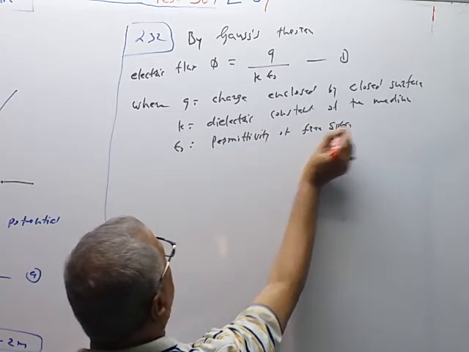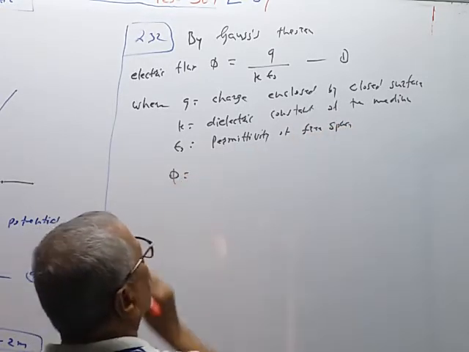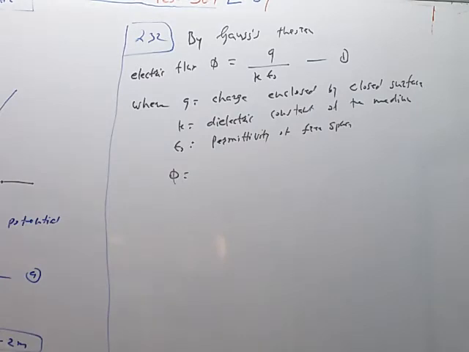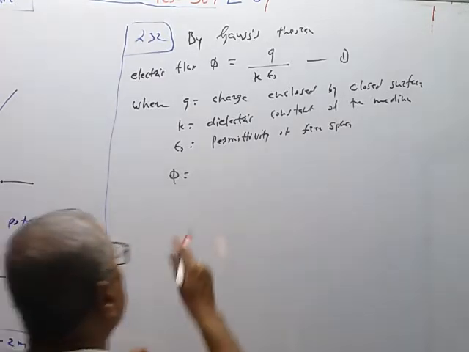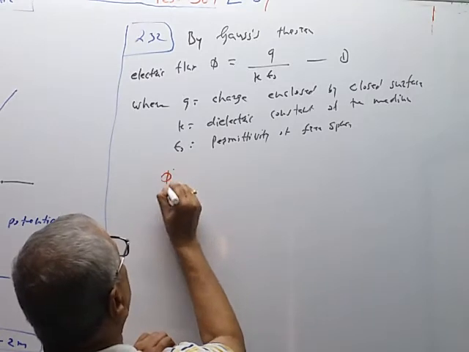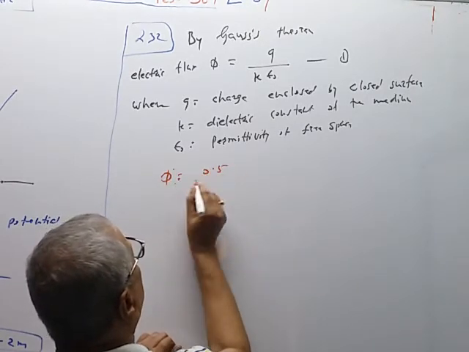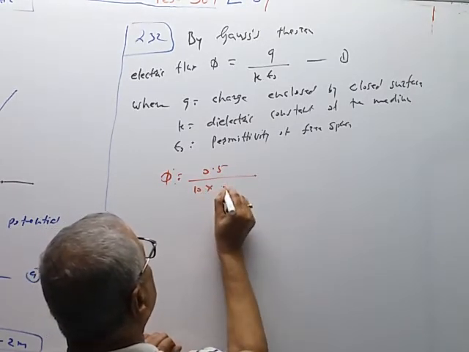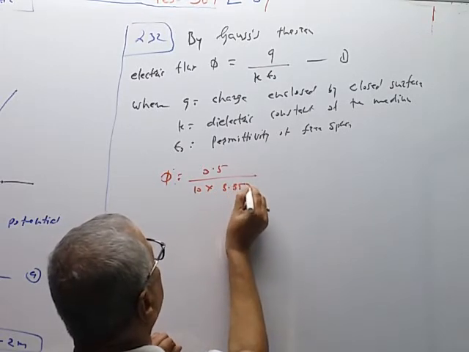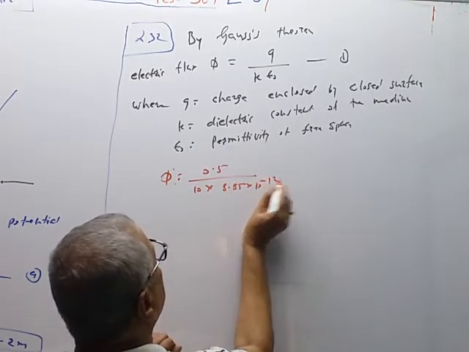So substitute phi is equal to the value of charge is 0.5 coulomb. It is directly in coulomb, upon dielectric constant K is equal to 10 and this is equal to 8.85 into 10 raised to minus 12.